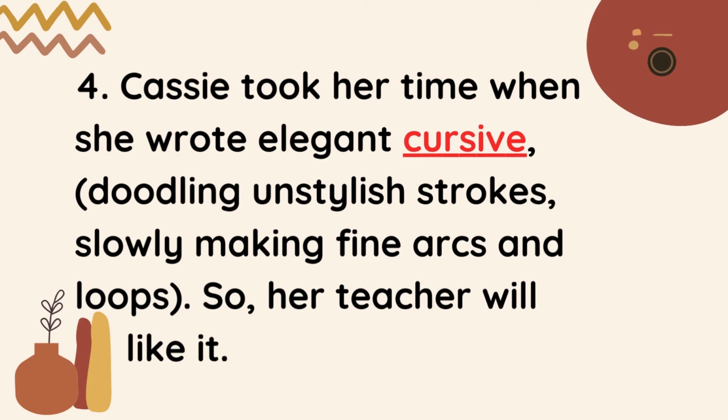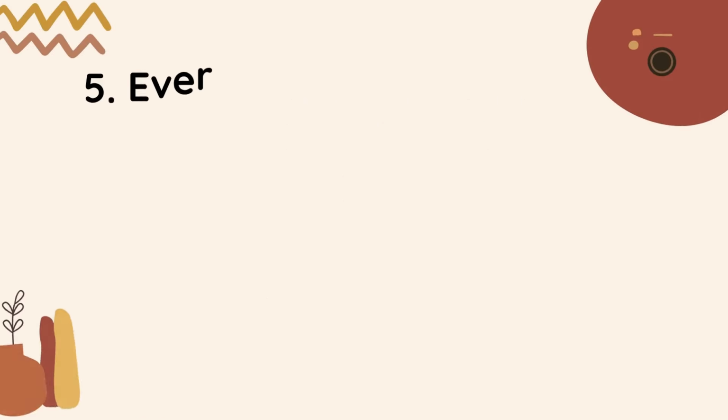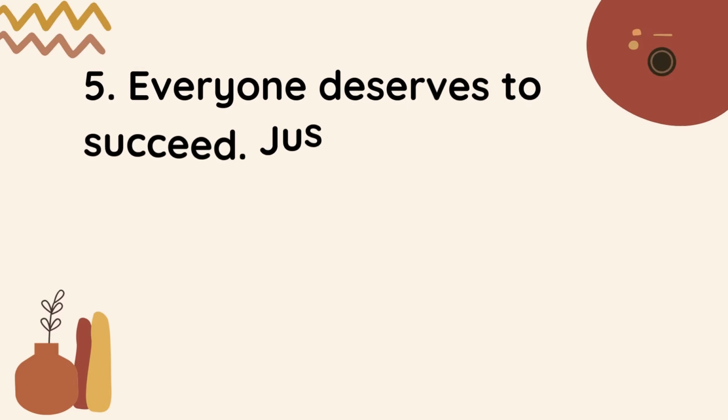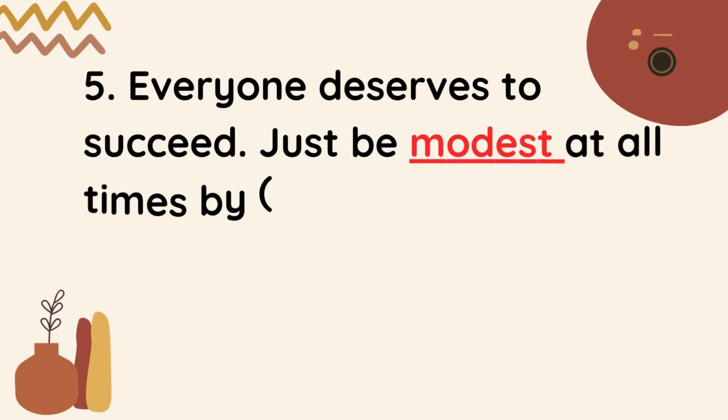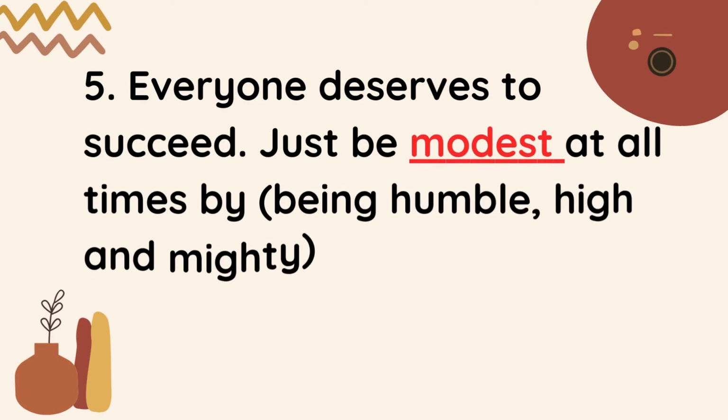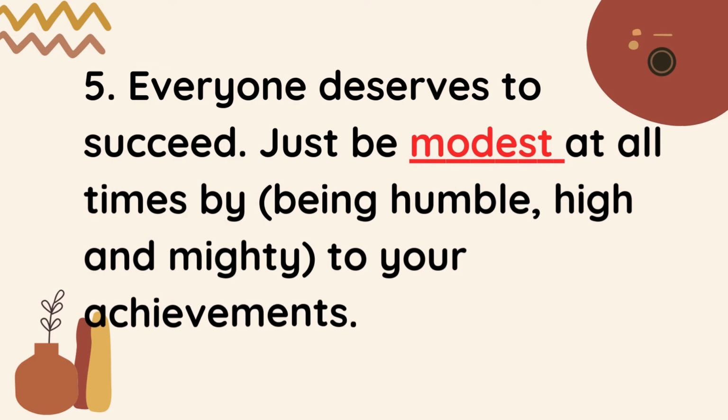The choices are doodling unstylish strokes or slowly making fine arcs and loops. Number 5, everyone deserves to succeed. Just be modest at all times by blank to your achievements. The choices are being humble, high and mighty.